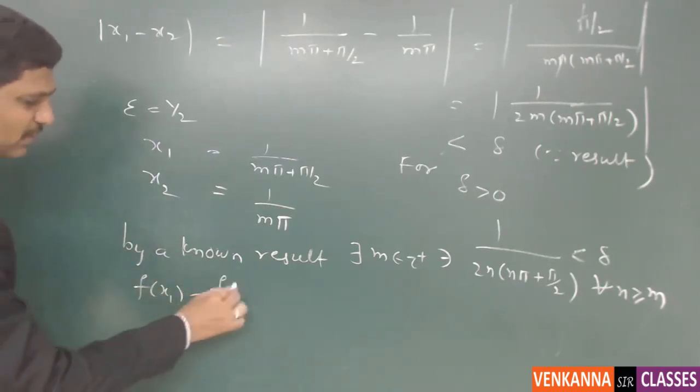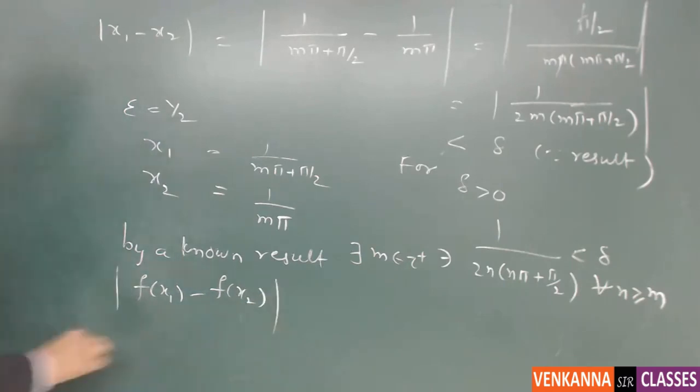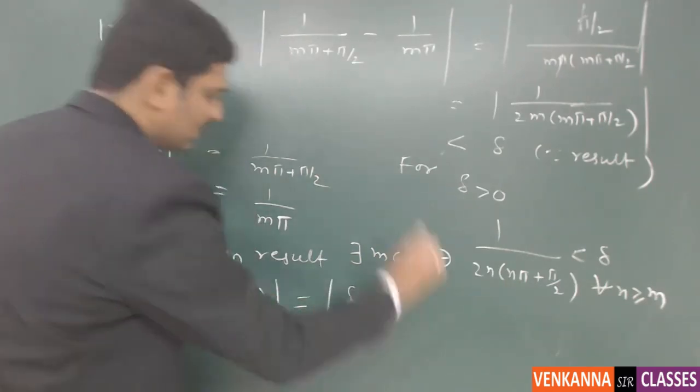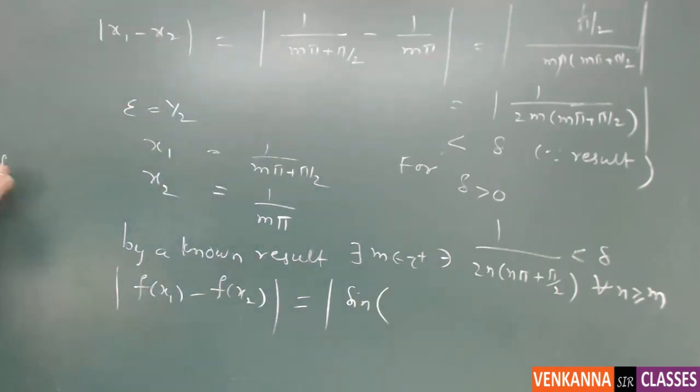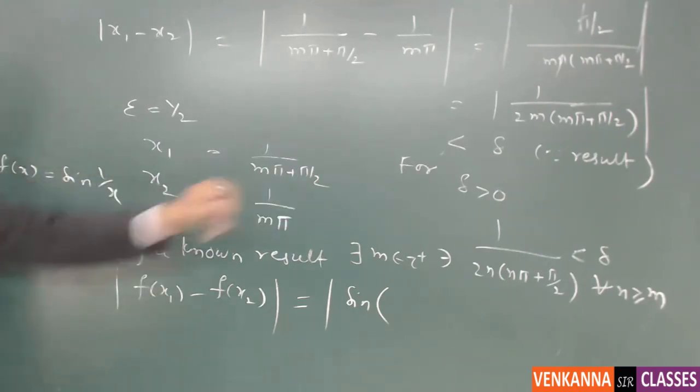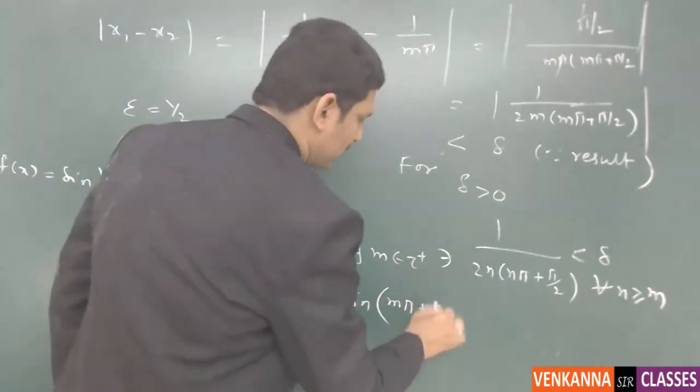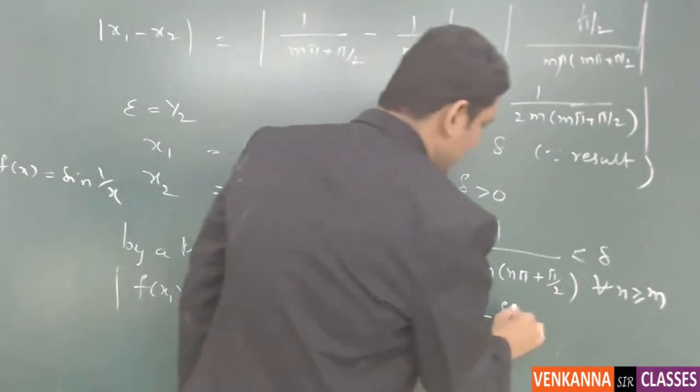f of x1 minus f of x2 is nothing but the modulus of sine of, since f of x is given by sine 1 by x, if you substitute x1 as 1 by m pi plus pi by 2, it is sine of m pi plus pi by 2 minus sine of m pi.